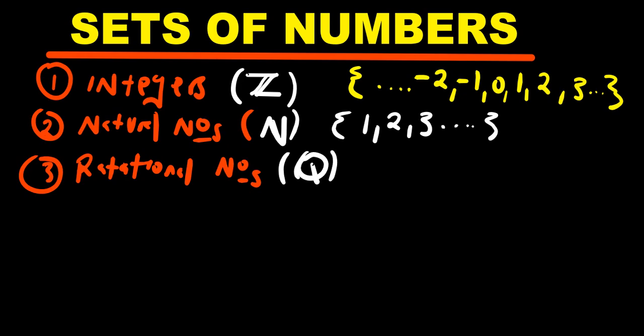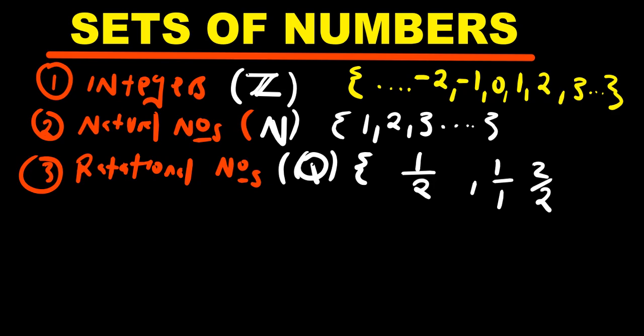The rational numbers are numbers which can be expressed as ratios of integers. What do I mean? As long as a number can be expressed as a fraction, like 1/2, 1/1, 2/2, that is a rational number.